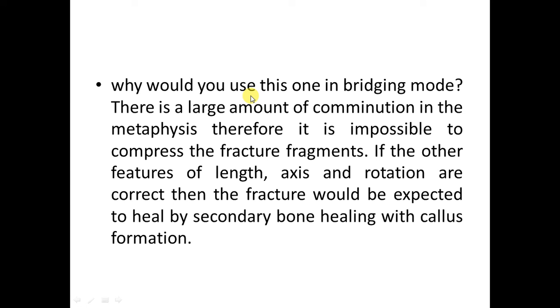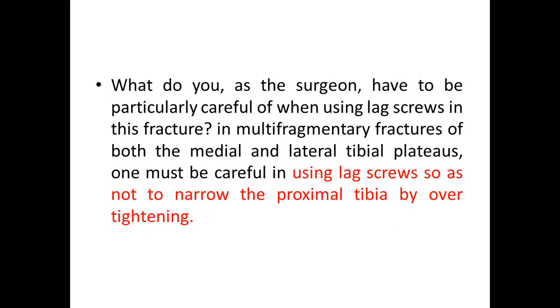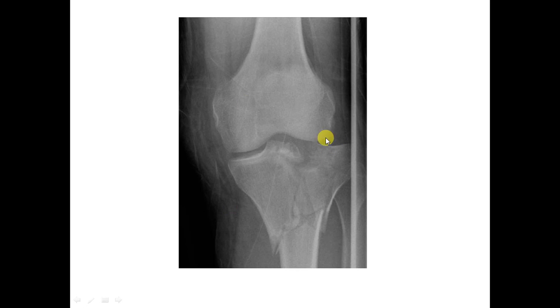Why would you use this plate in a bridging mode? On this X-ray, you have a lot of comminution here. With a lot of comminution, the strain is distributed along this whole area, so you can put widely separated screws and it will unite. The problem is, if it is a simple split, you can't use a bridging plate.